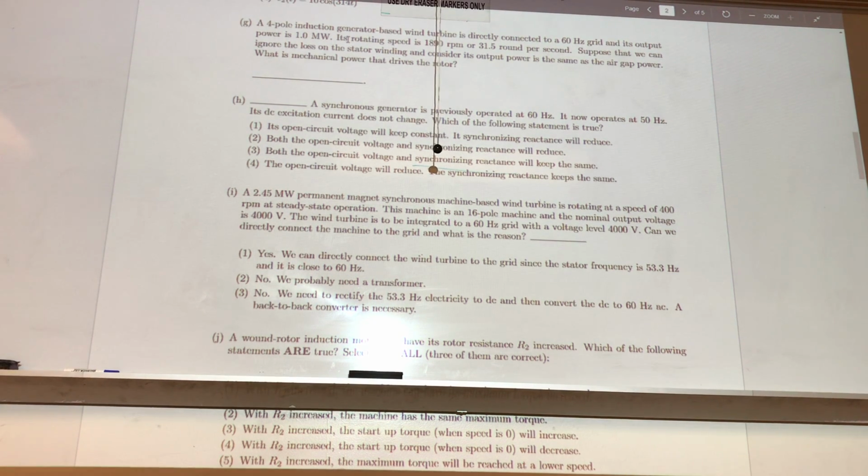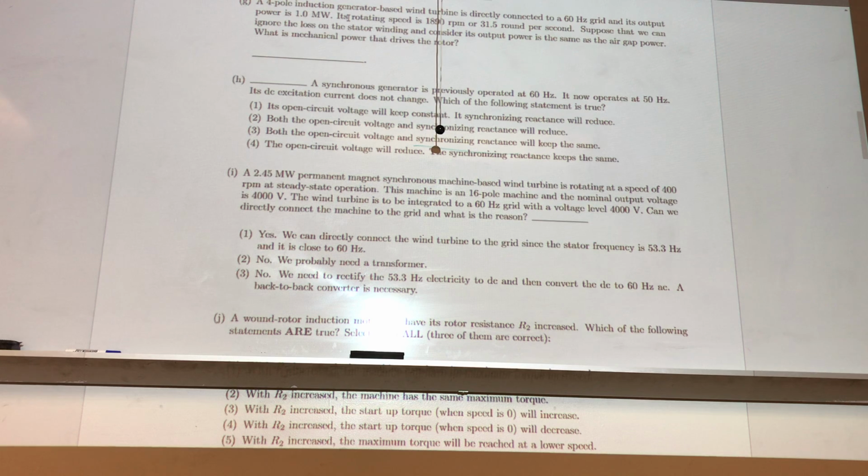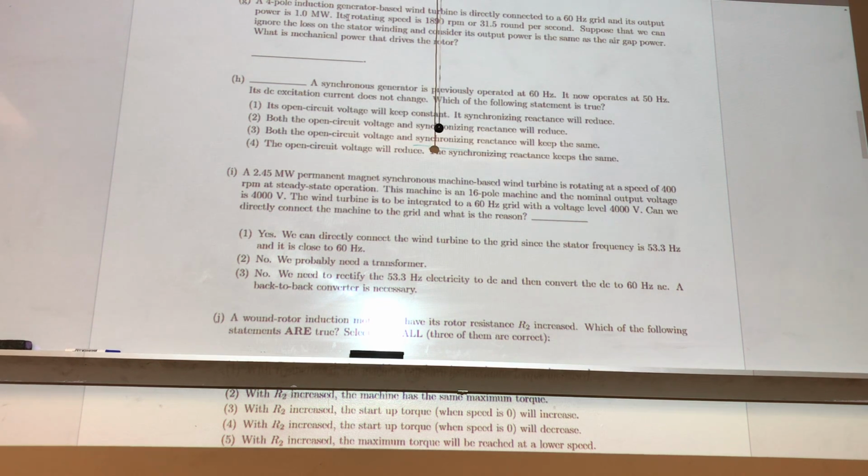So this is the equivalent circuit of an induction machine.